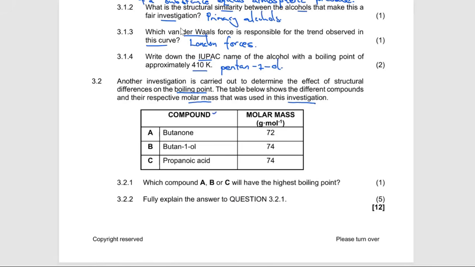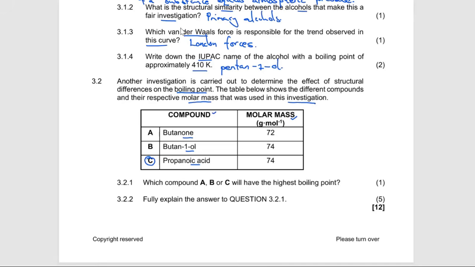Now we have our compounds and the molar mass there. We should look at the type of intermolecular forces generally. So our answer there, I'm going to go for option C. Option C is an acid, this one is an alcohol, and this one is a ketone.